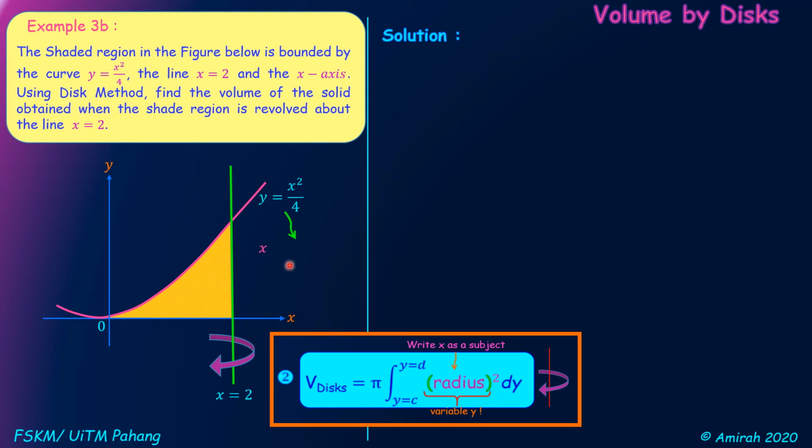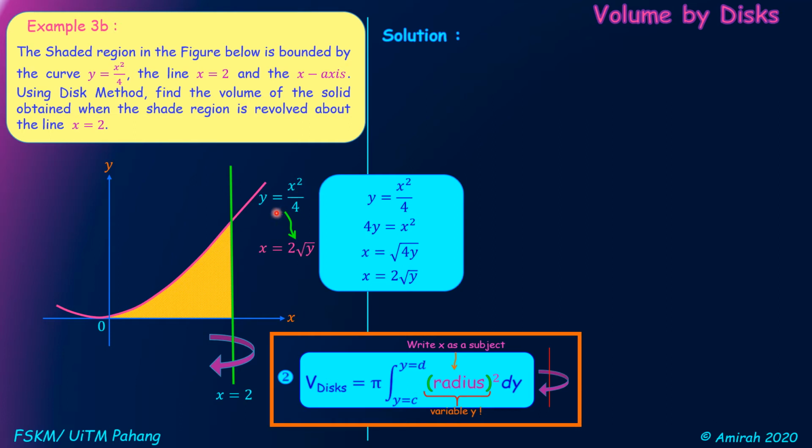When we write x as a subject, we have x equals to 2 square root of y. How we get this? From the given curve here, we have y equals to x squared over 4. To write x as a subject, first we need to cross multiply. So we get 4y equals to x squared.